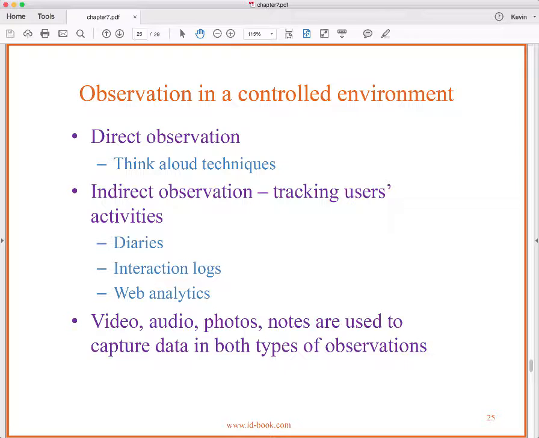In terms of direct or indirect observation, we could use video, audio, photos, notes to capture all of these types of observations. But one nice way, and something that I think you're definitely going to want to consider for your project, is having someone use the tools that I have here.